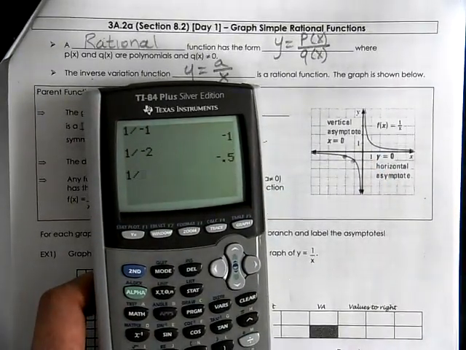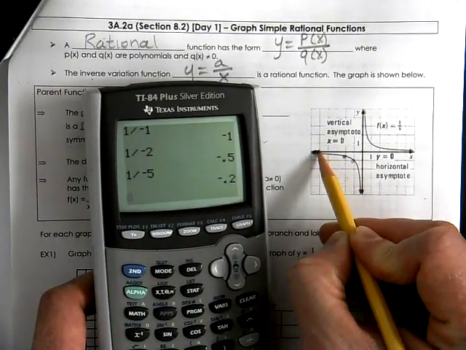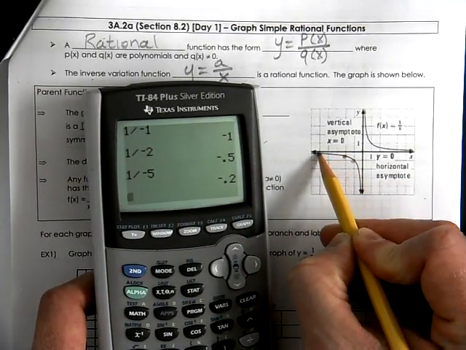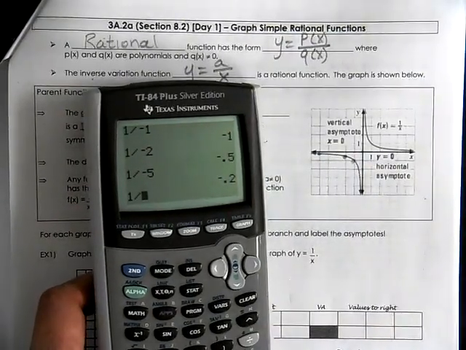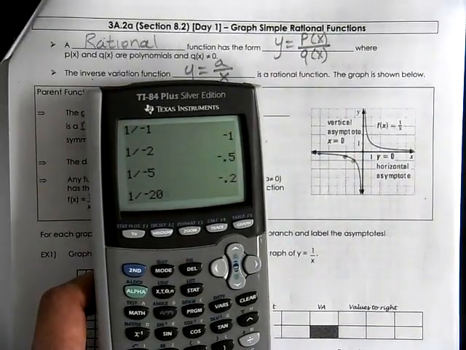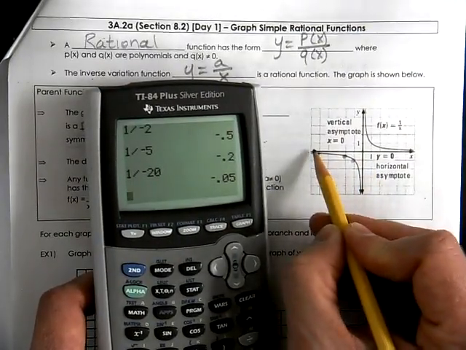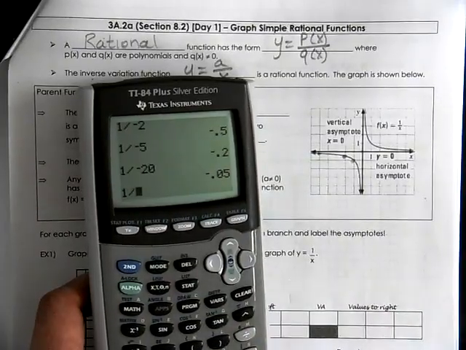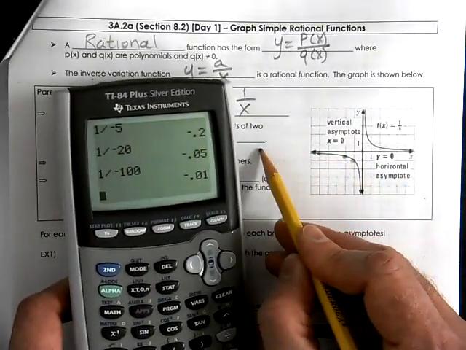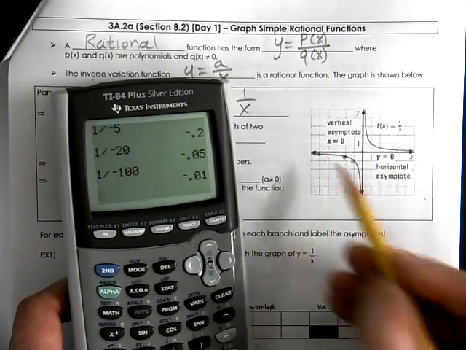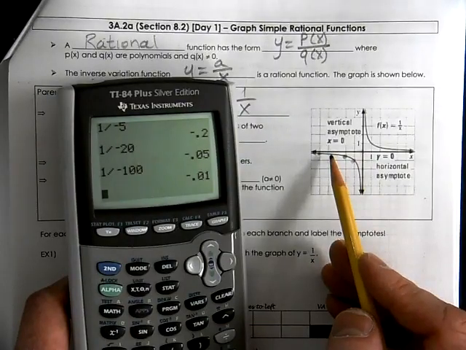And 1 divided by negative 5, we get negative 0.2. No matter how far out we go, negative 20, we're never going to touch 0. 1 divided by negative 100, we're never going to touch the x-axis. We're just going to get closer and closer and closer to it.